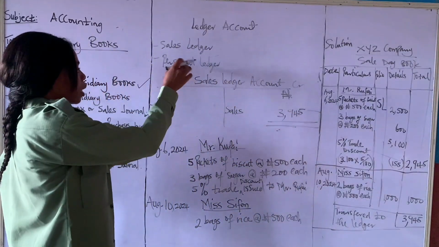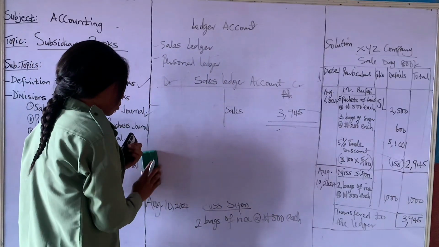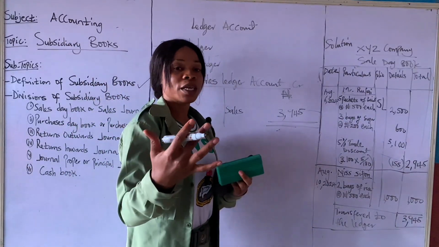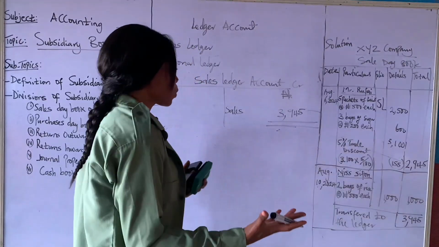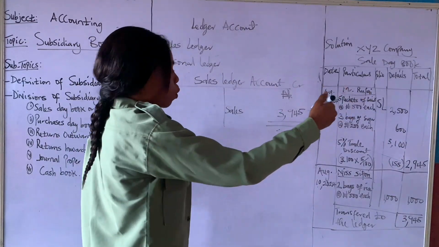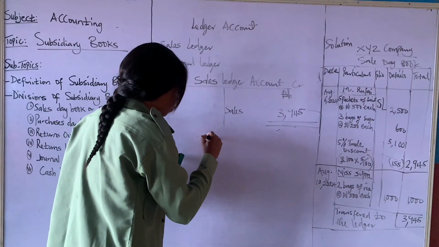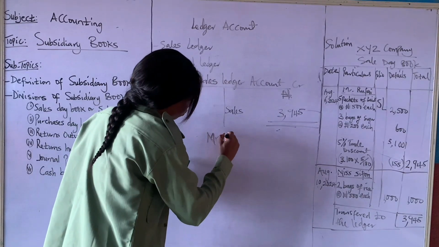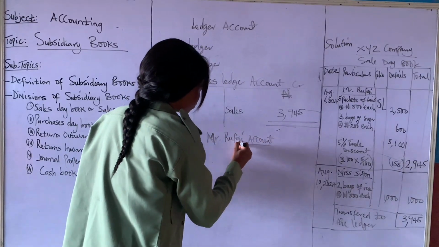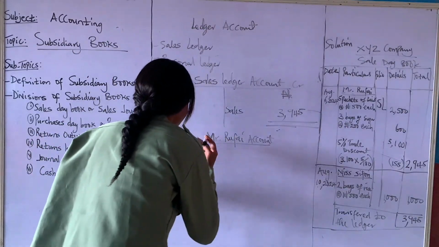Now under the individual's account, that's in the personal ledger, which is the customer's account. Now you are going to debit it because they are the one that received values. Remember, the double entry system says that debit the receiver, credit the giver. So the sales ledger account gives out these items, while Mr. Rufai's account, being the personal account, personal ledger, is debited.